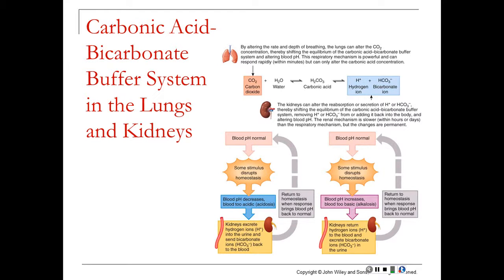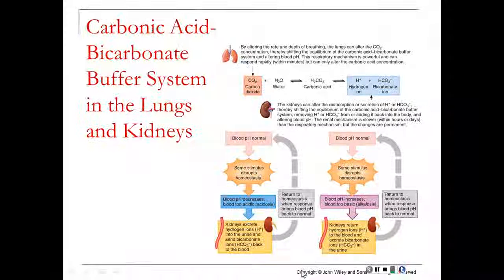The kidneys are going to alter the reabsorption or secretion of hydrogen or bicarbonate by shifting the equilibrium of that carbonic acid bicarbonate buffer by literally removing the hydrogen or bicarbonate or by adding it back. So this is a much slower mechanism, within hours or within days, than that respiratory mechanism. And that is the end of chapter 15.